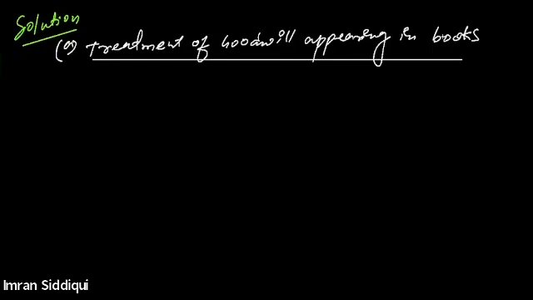Journal entry for this will be, because it is appearing in the book, so we need to write it off, right? We will be passing the journal entry.